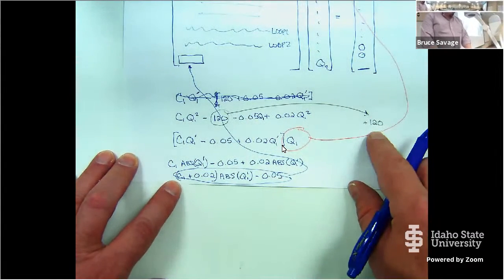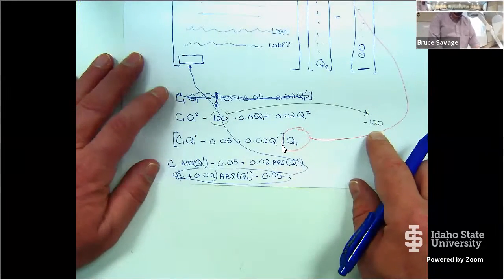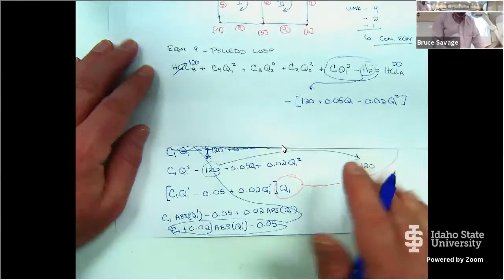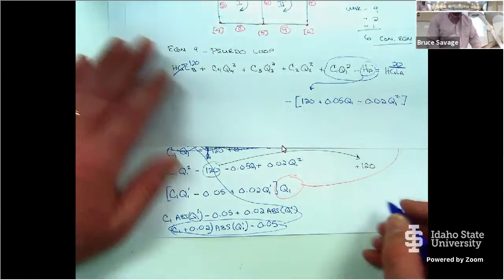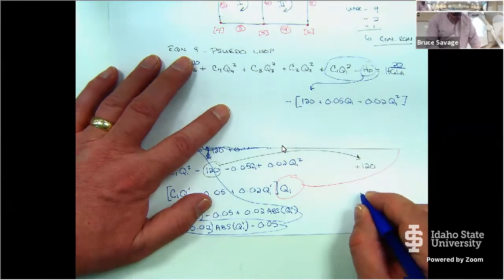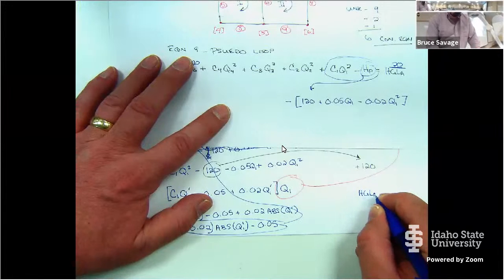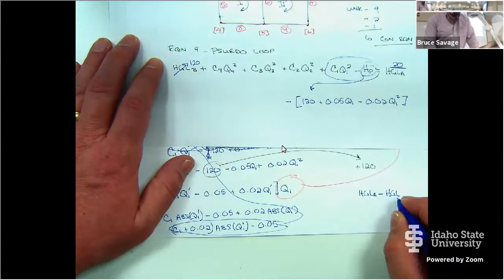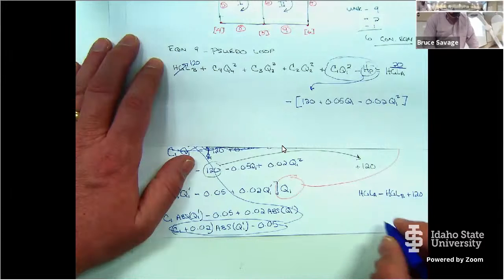And now we come over to our B vector. Okay. Going back to our original equation, we've got 120 over here. So I've got the HDL at A minus the HDL at B plus that 120.